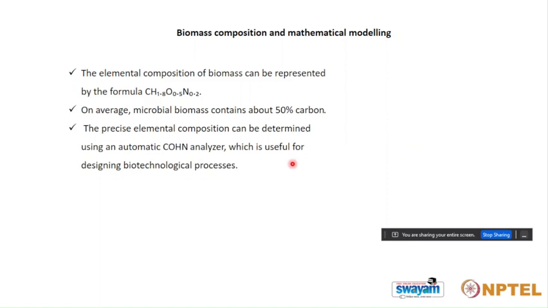There is an instrument called the CHNS/O analyzer. With the help of that instrument, we can tell the elemental composition of biomass, and also its empirical composition.